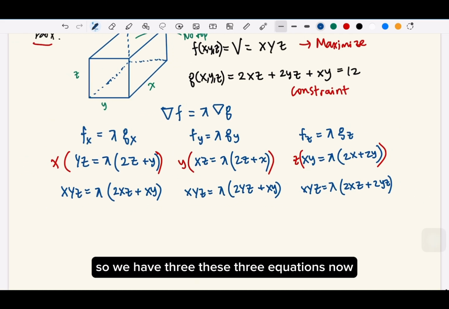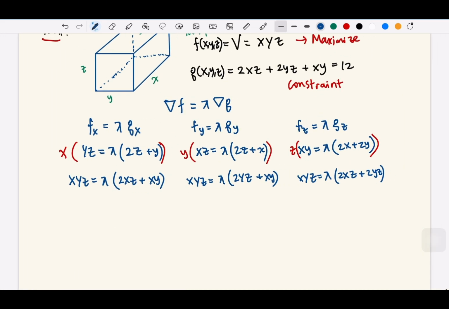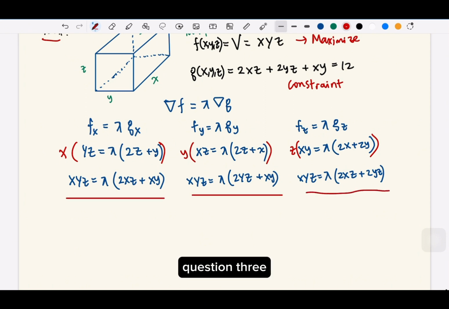So we have these three equations now: equation 1, equation 2, equation 3.